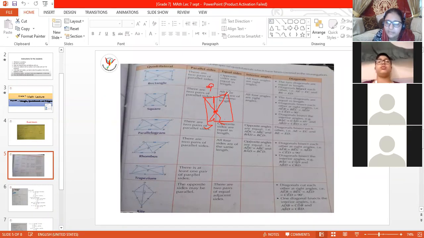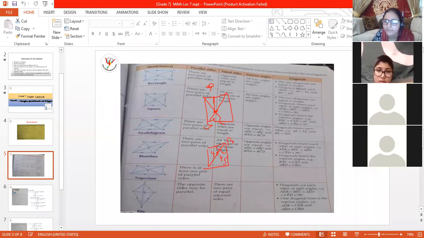If the diagonal bisects the interior angle, for example if this is a square, the total angle is 90 degrees. If the diagonal is bisecting, it means one side is 45, the other side is also 45. Or for example, if one side is 30, the other side will be 60.